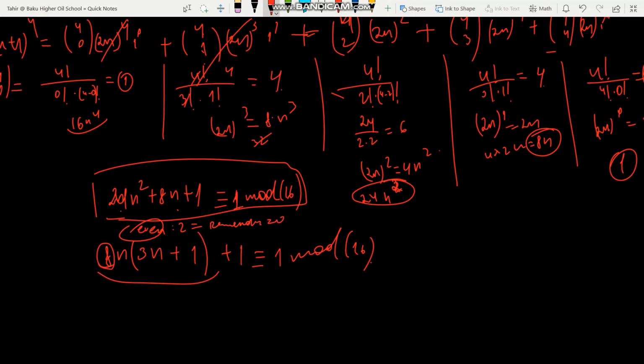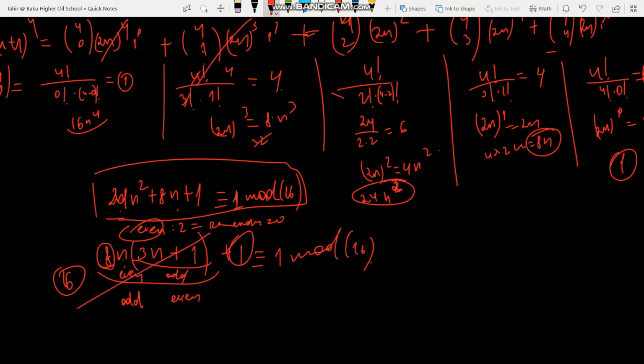And if this number is even, always this number will be odd, even, odd. But if this number is odd, this number will always be even. Therefore, in every case we have an even number in our expression. Therefore, we get 16, and this expression is fully divisible by 16.